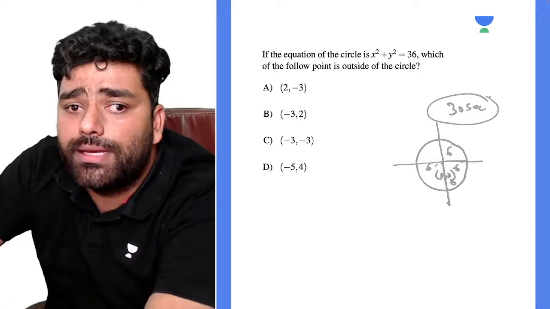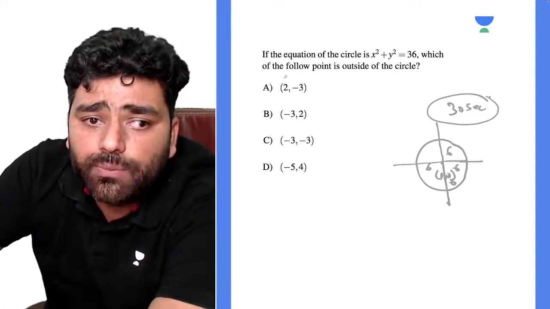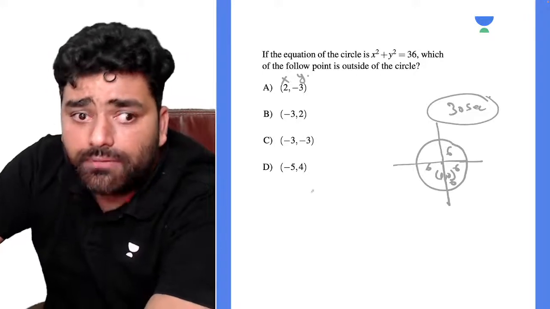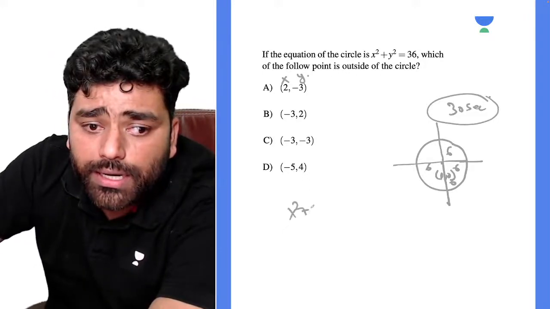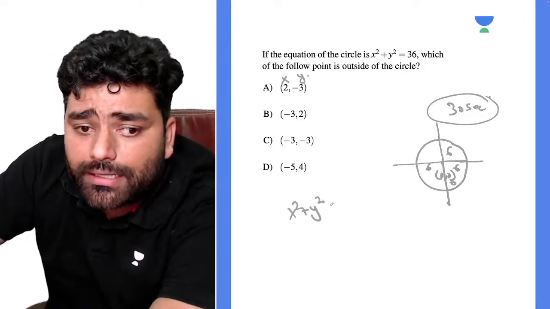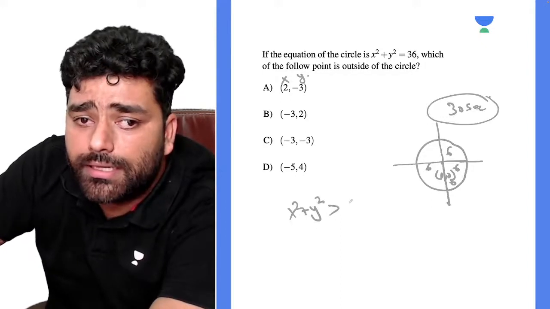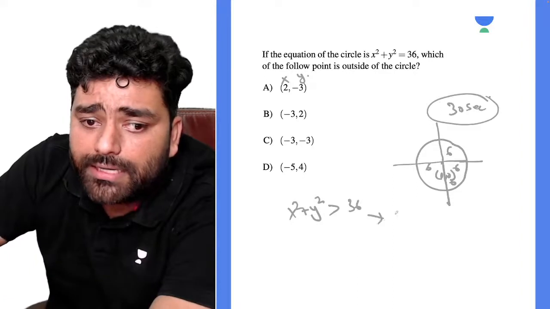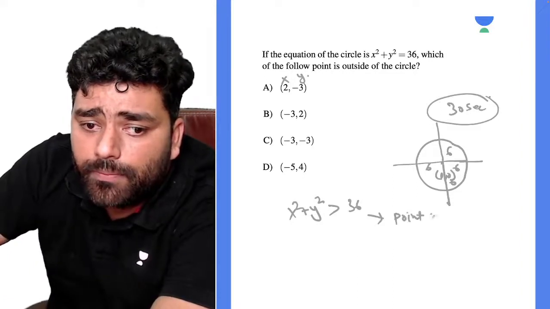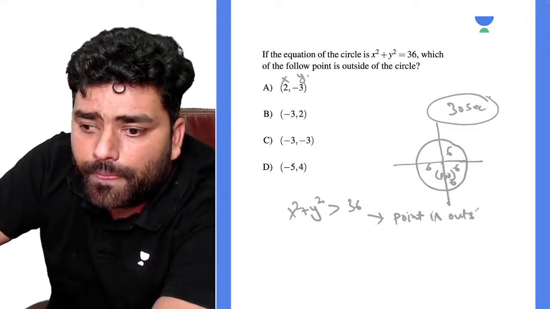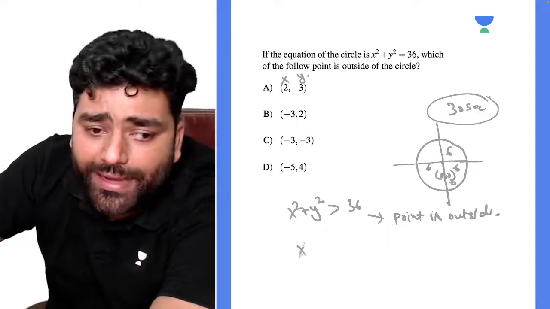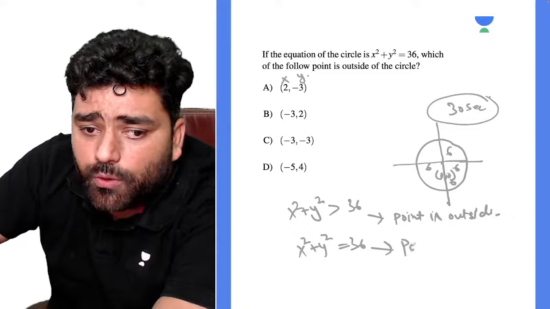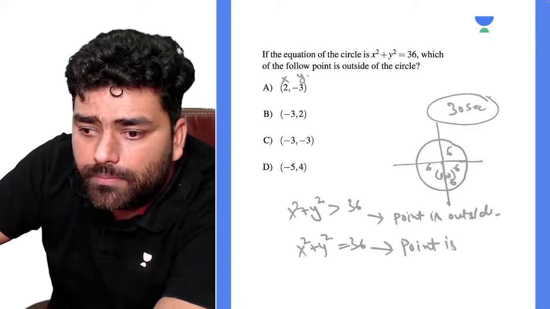Another good way is, when you plug in these points as x and y, if the x square plus y square value comes greater than 36, greater than the radius square, that means that point is outside. If x square plus y square comes as 36, that means that point is on the circle.